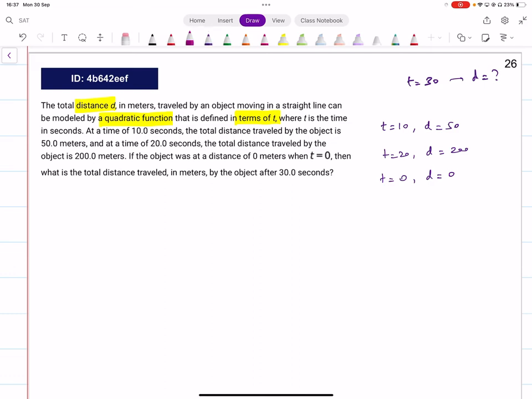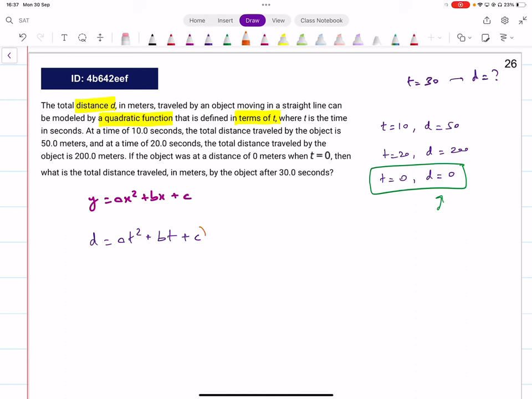Now we can use the other form, y equals ax squared plus bx plus c. Now the easiest thing to start from would be this. We know that when t equals 0, d equals 0. If we write this in terms of d and t, we could say this is d equals at squared plus bt plus c. When t is 0, d is 0.